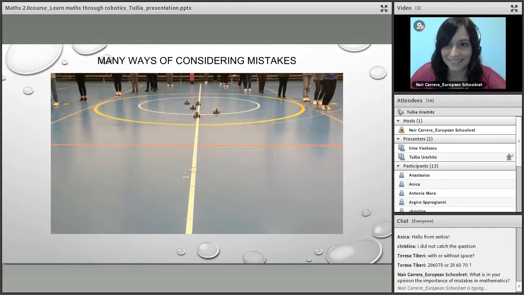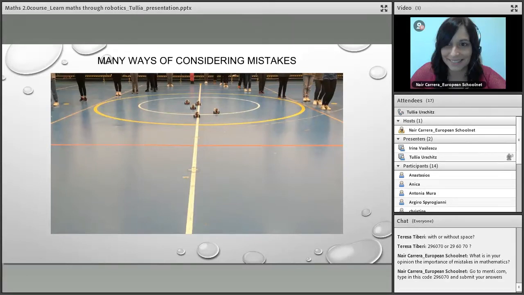In this picture, you can see some robots in the gym. We were trying to introduce robots in a dance, and I asked my students to program the robots moving just from one side to the opposite one in the gym.